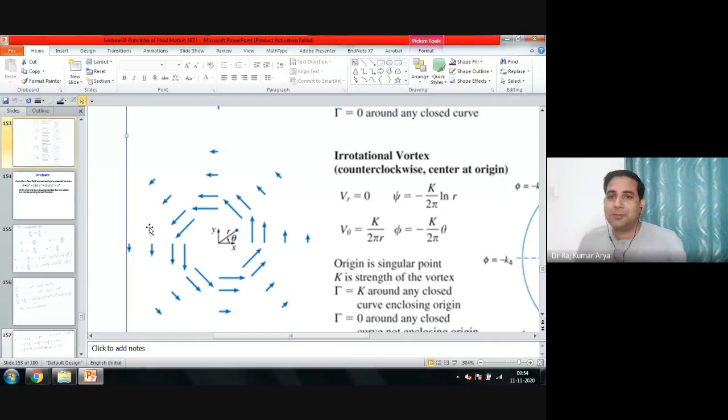So why are you taking that much time? You know that if you have a circular motion, you know the angular velocity. You can calculate the linear velocity V equal to R omega. So that is your theta component. For that also you can calculate the equipotential lines. What will happen to the equipotential lines? Each circle would be an equipotential line, because at a particular R your velocity is not getting changed.